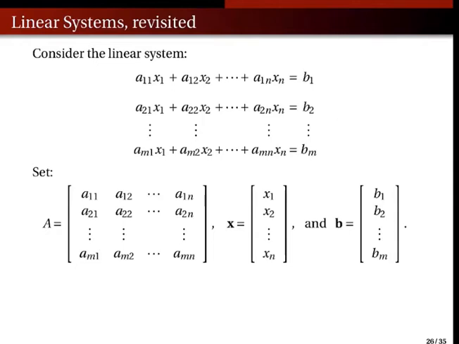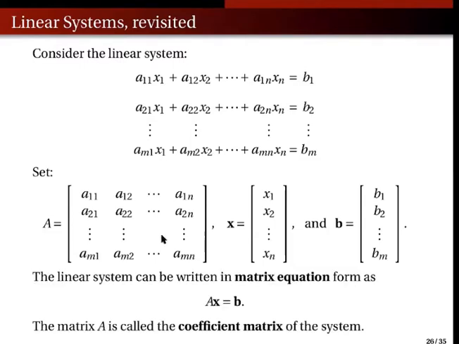So we will convert that to another form. From now, you have your matrix A, column vector X, column vector B. We can now write this linear system in the following form: AX equals B. We call this the matrix equation of the linear system.